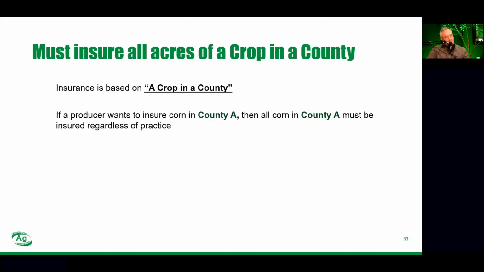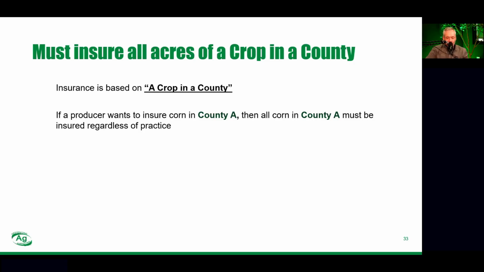So unit structure. Unit structure in crop insurance is kind of the basis on how all of our guarantees are set. Okay, how my coverage is going to really protect me in the case of a loss. Now, one way to talk about units is it's acres of the crop in the county.